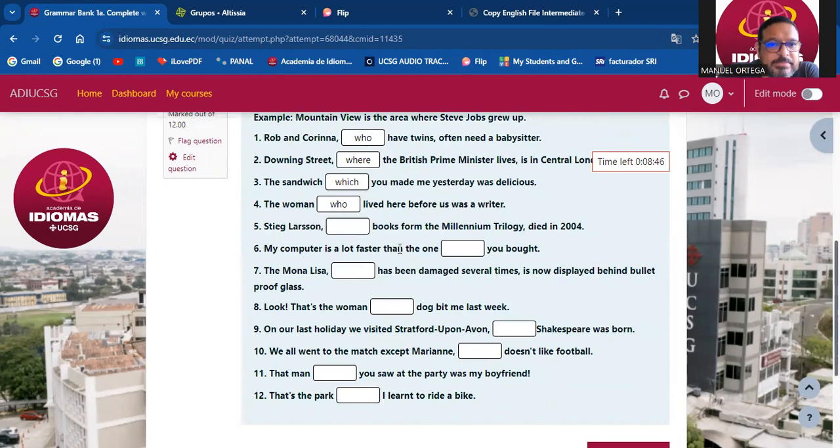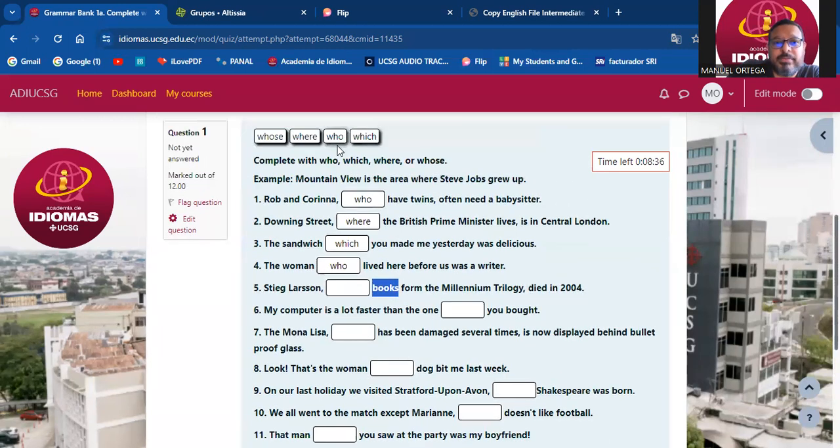Stieg Larsson, books. Now, Stieg Larsson, but here, books. They belong to Stieg Larsson. So, but we are talking about books. Whose? Exactly. Whose. So here, be careful with the confusion. What I mean is, I see a name at the beginning of the sentence and think, oh, I'm going to put who.